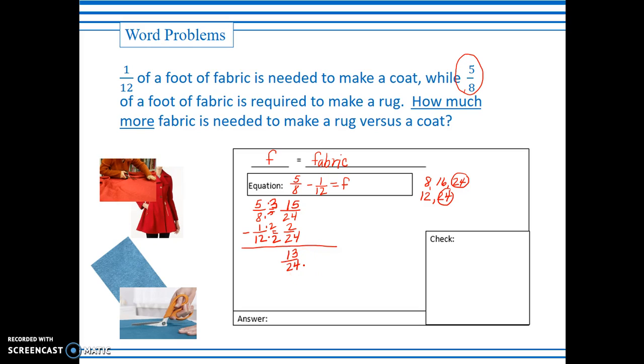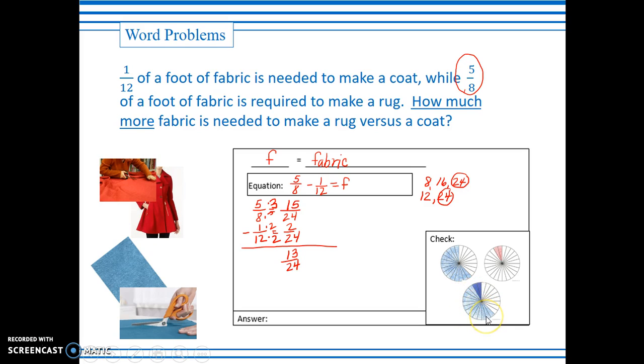So let's see if that makes sense. So I'm going to draw a picture, and this is 24 parts, and 15 are shaded. So this represents my 15 24ths. This represents 2 24ths. So this is what I need for the rug, and this is what I need for the coat. If I put those together, and subtract it, I know that I'm going to have this much extra fabric for the rug.